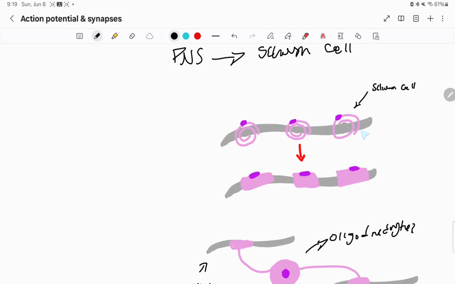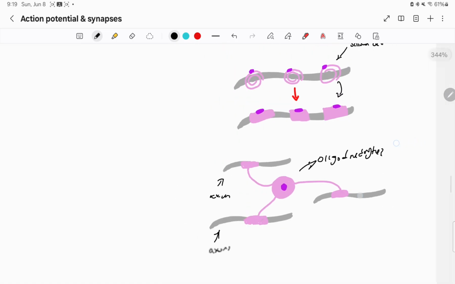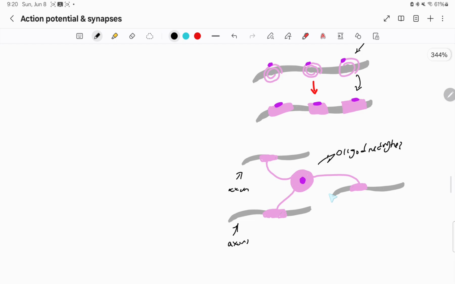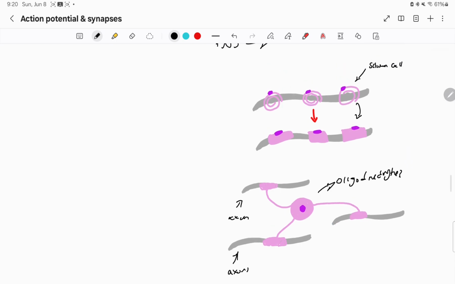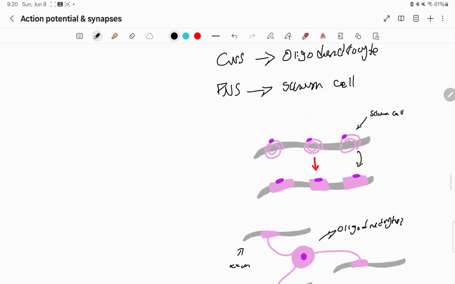The Schwann cell itself will wrap around the axon of a single neuron multiple times. And you can see here's its nucleus, the Schwann cell's nucleus. And it will finally produce myelin, okay? And unlike the oligodendrocytes, which can myelinate multiple things at once, the Schwann cell can only myelinate one neuron.